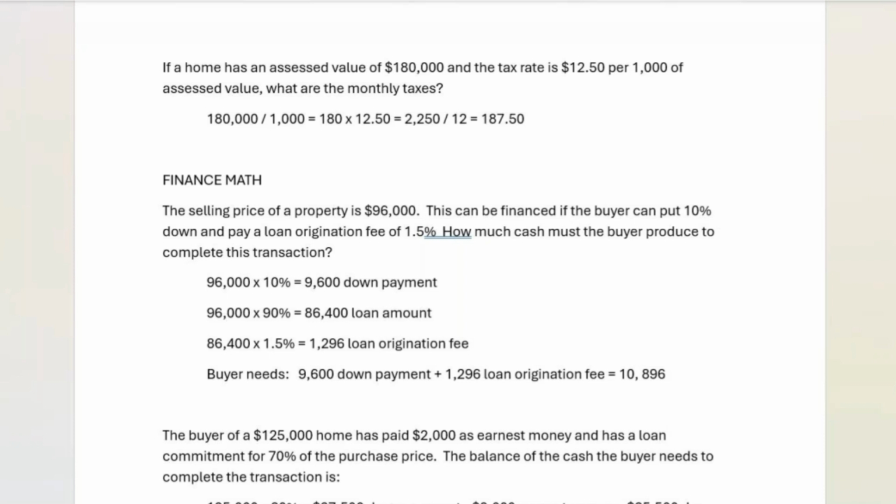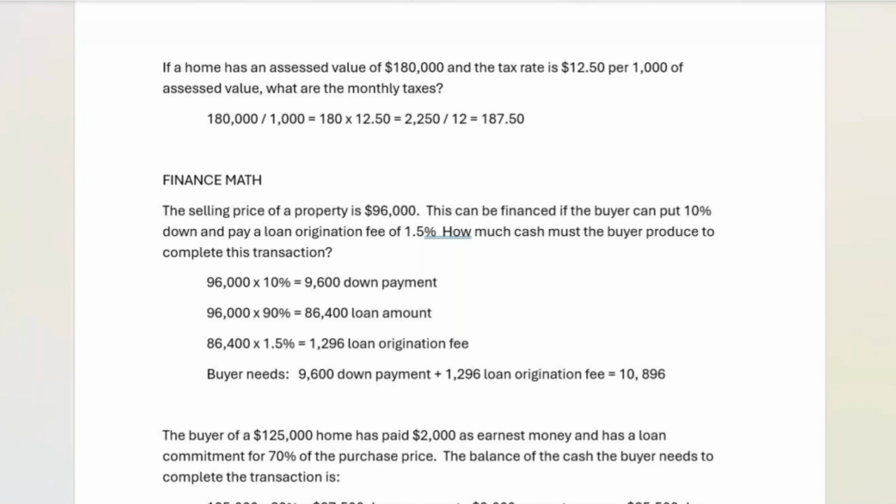And they're giving you a tax rate of $12.50 per $1,000 of value. So you have to find out how many increments of 1,000 are in that 180,000. So you take the 180,000, divide by 1,000, will give you 180 increments, times your tax dollars of $12.50, which will give you $2,250 in annual taxes. But that is not your answer, because the question asked you for the monthly taxes. So you divide that by 12, $187.50 a month.